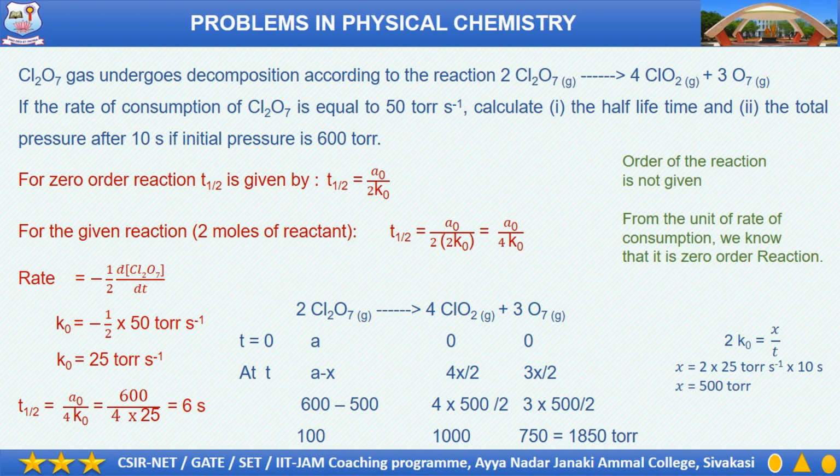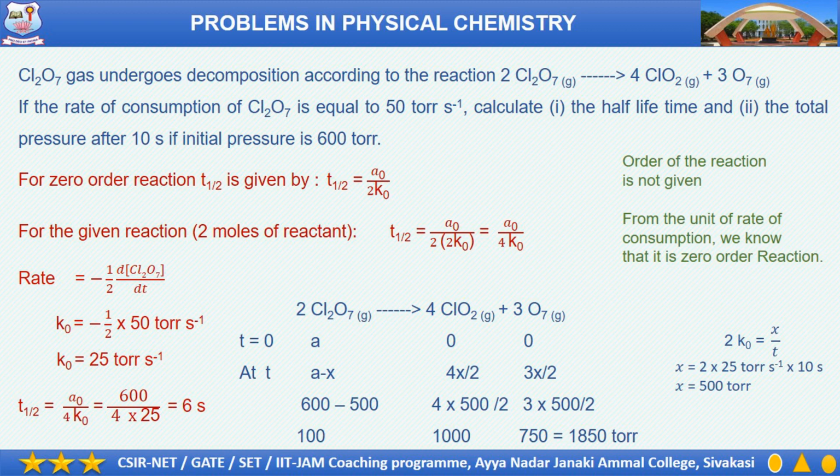And find out whether the stoichiometry is singular or multiple. Here it is 2. Therefore, instead of K0, you have to put 2K0. Now the equation changes to A0 by 4K0. This is the equation you have to make use of. If it is given 3Cl2O7 zero order, then instead of K0, you have to put 3K0, and so on. Therefore, for this problem, this is the equation.